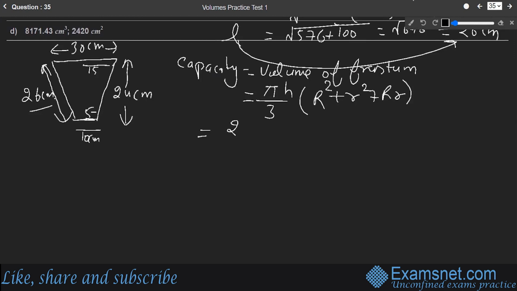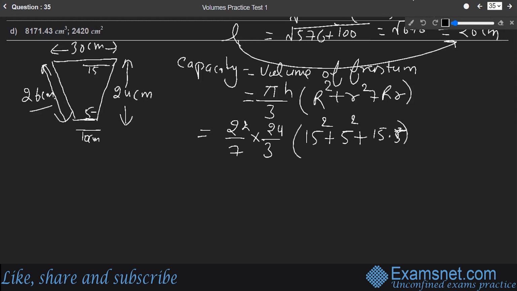Capacity is going to be pi is 22 by 7 into height 24 divided by 3, multiplied by 15 square, the larger radius square, plus 5 square, the smaller radius square, plus R into r.